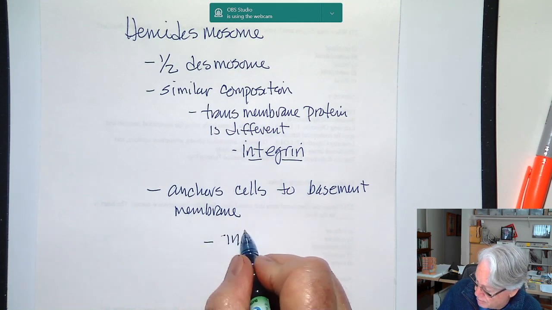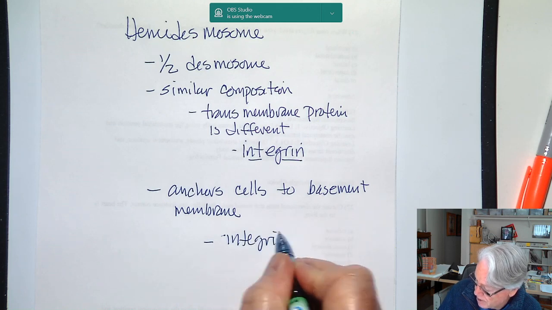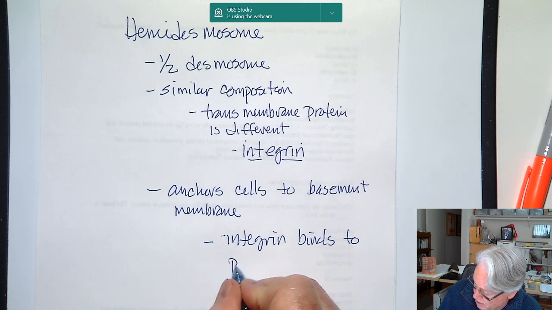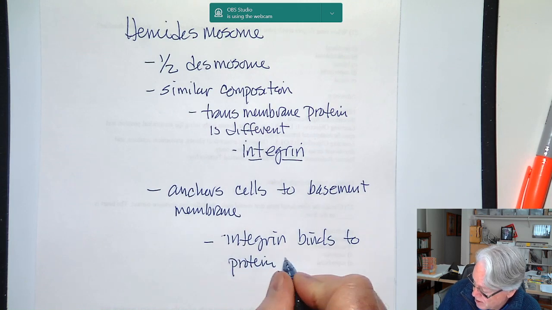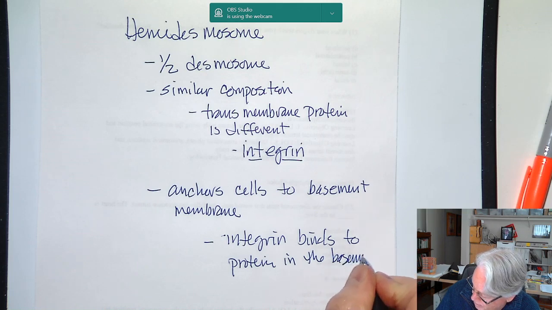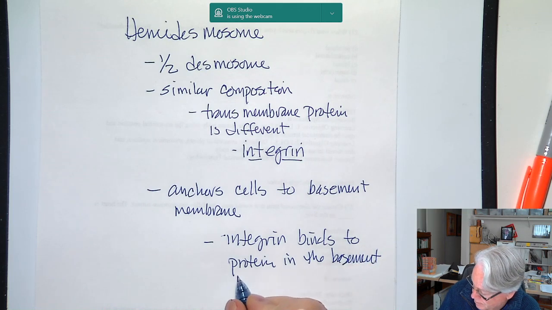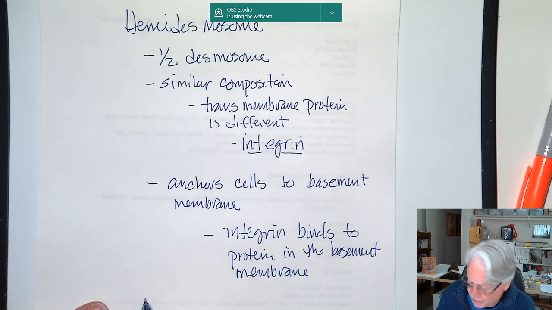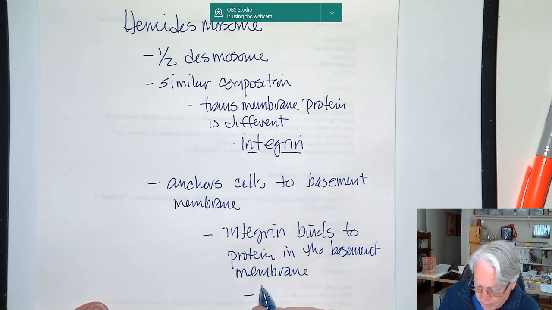The integrin binds to a protein in the basement membrane. And this is called laminin.